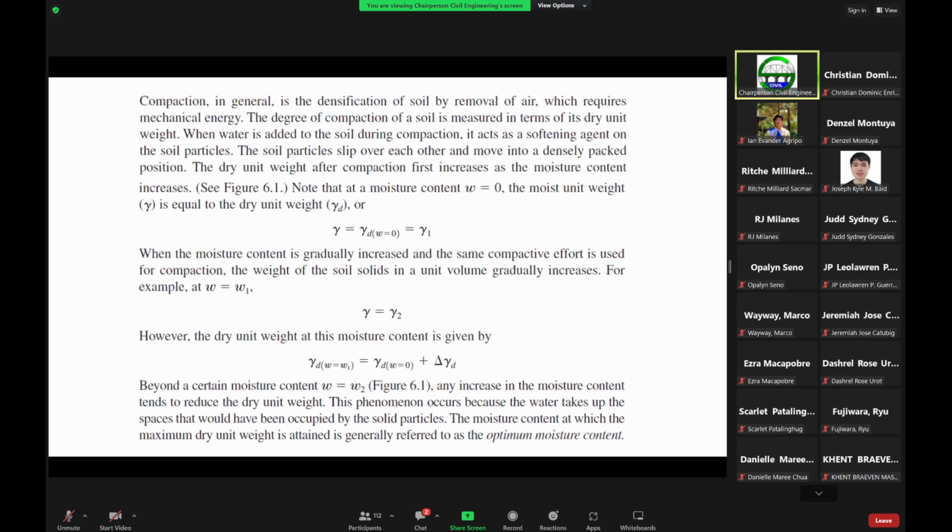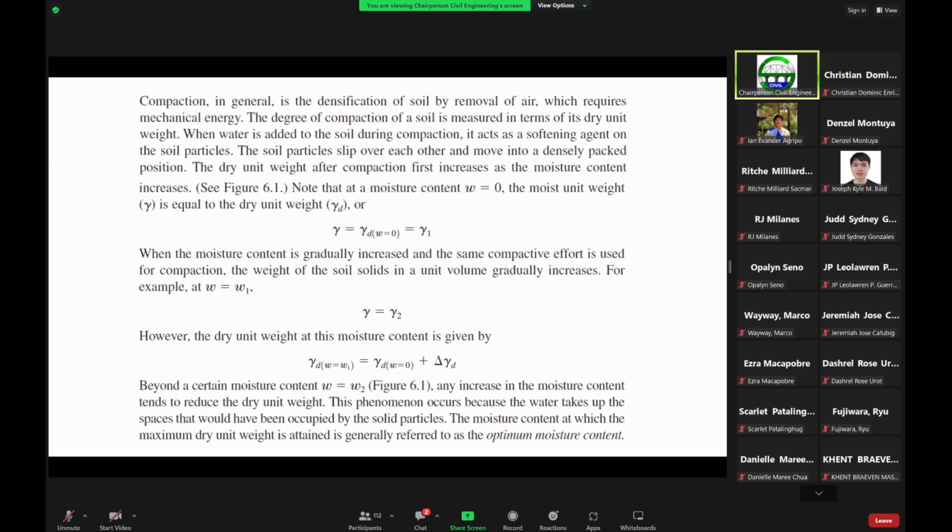So compaction in general is the densification of soil by the removal of air, which requires mechanical energy. The degree of compaction of a soil is measured in terms of its dry unit weight.